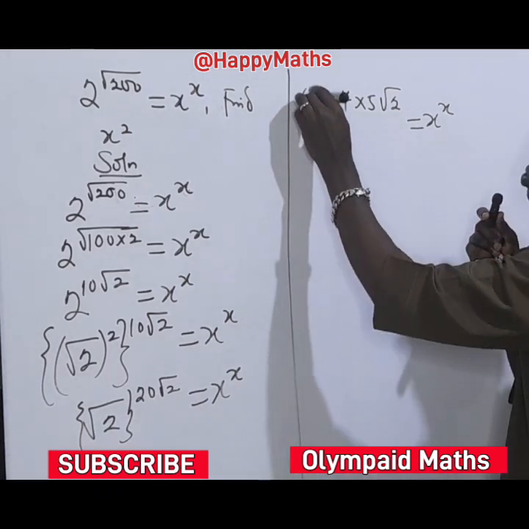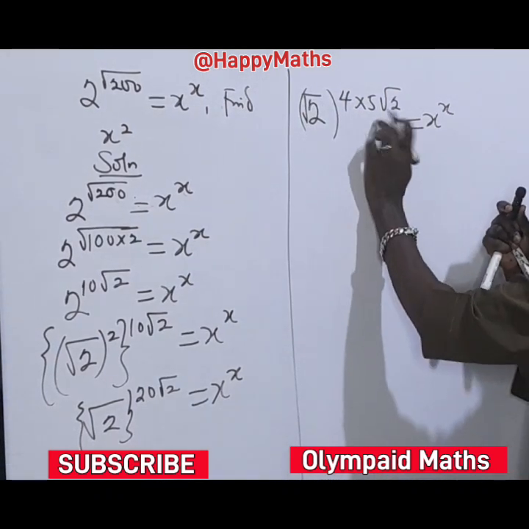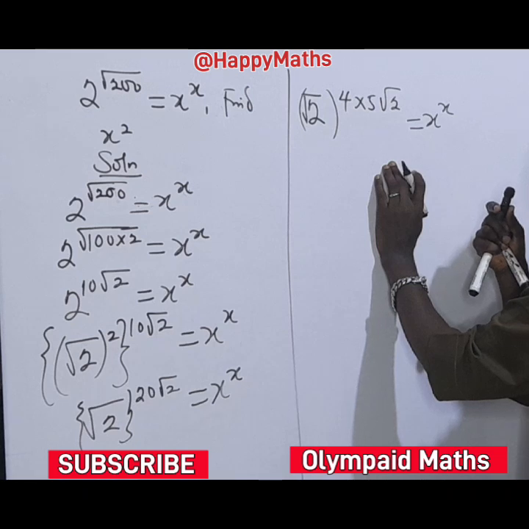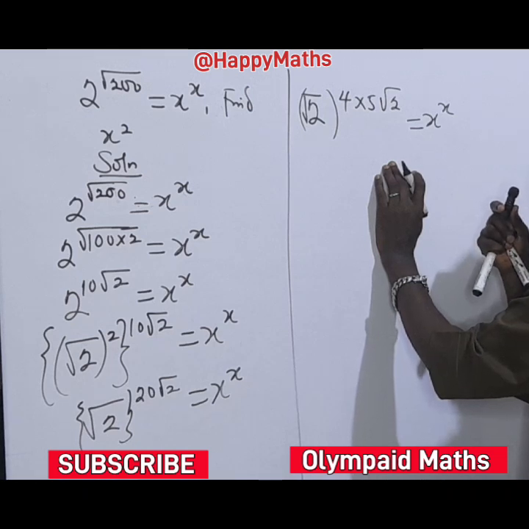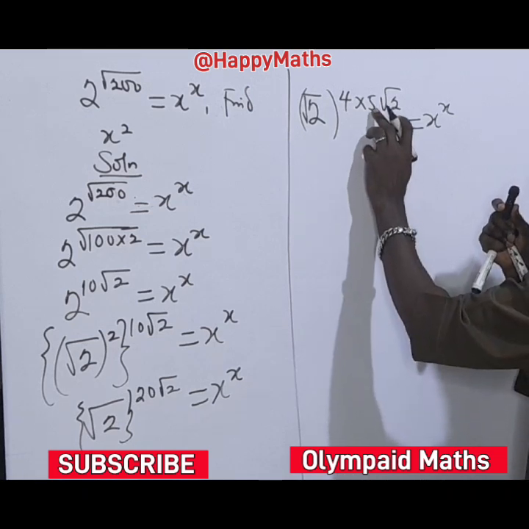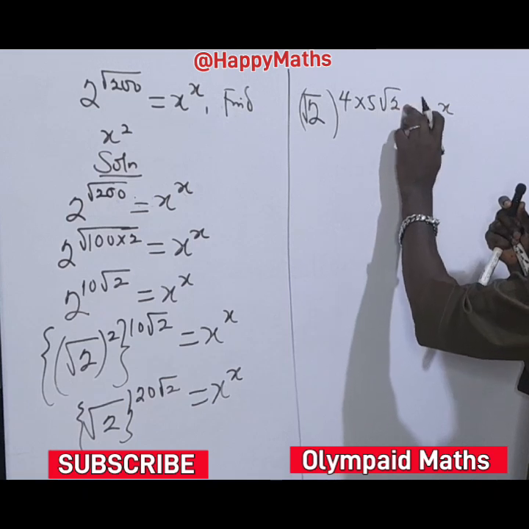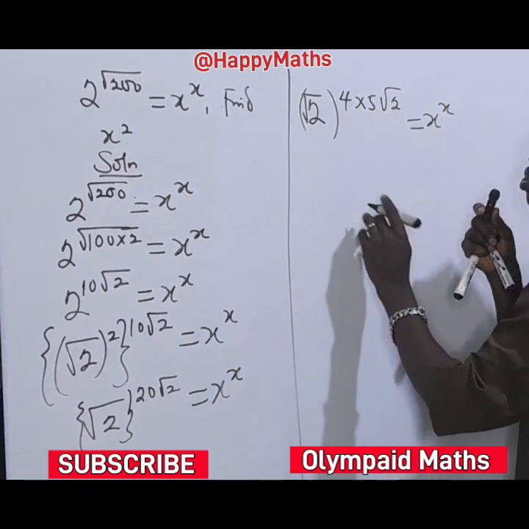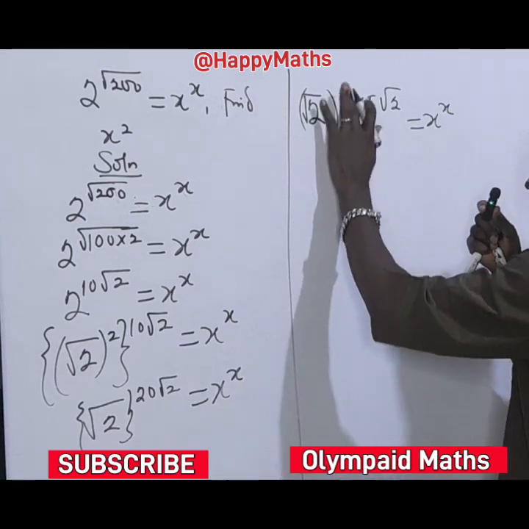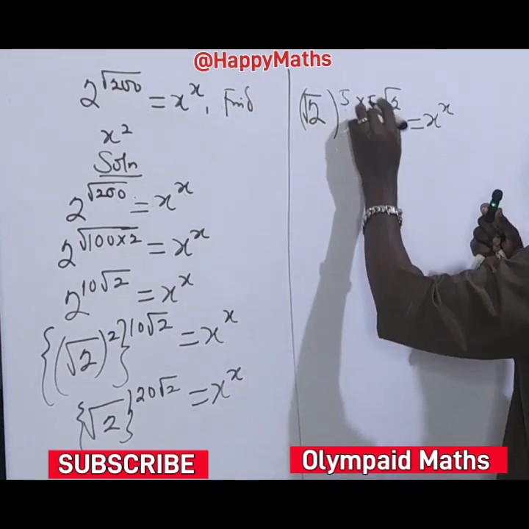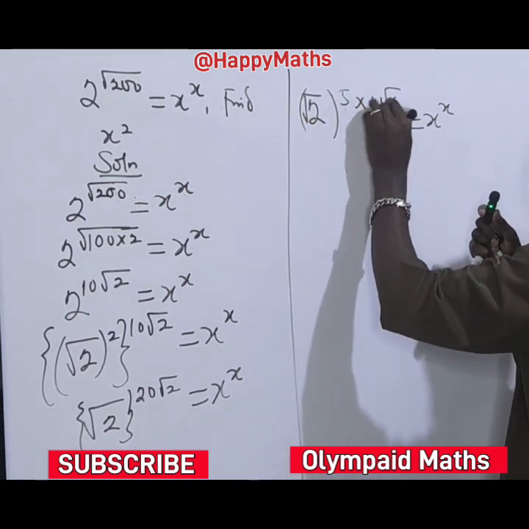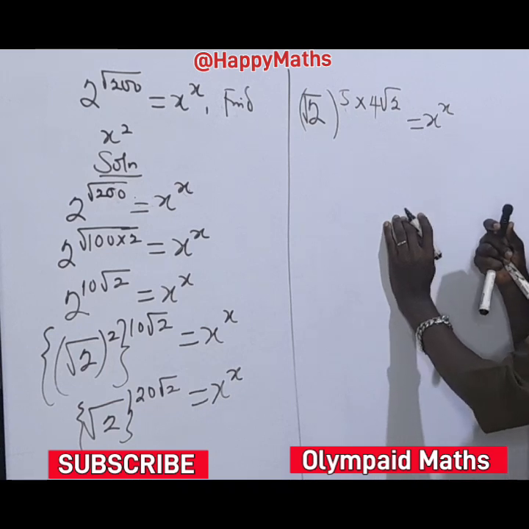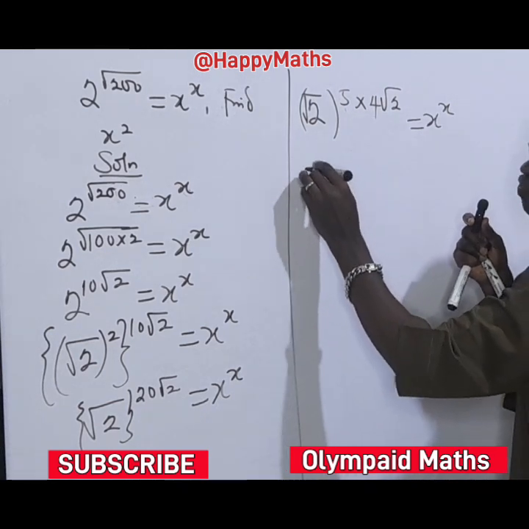Don't forget we still have root of 2 here. Now from here, what do we do? Now, this is 5 times root 2. Here 4. Now, 2 raised to the power 5, don't forget 2.